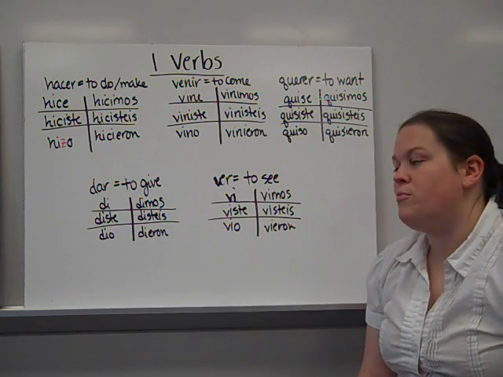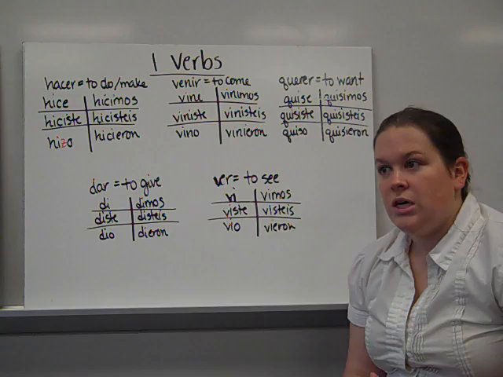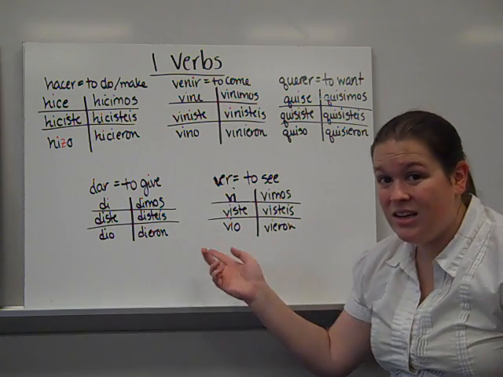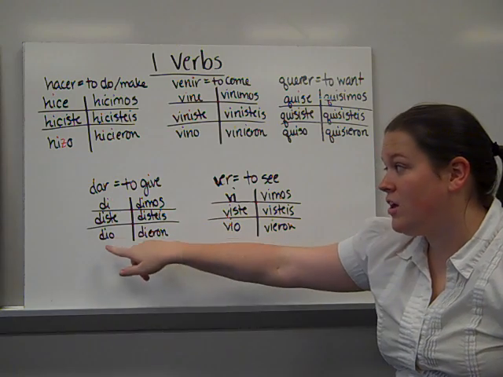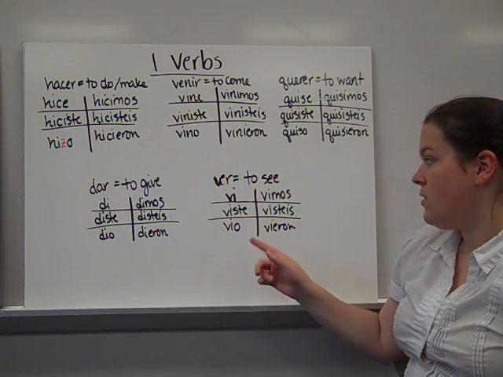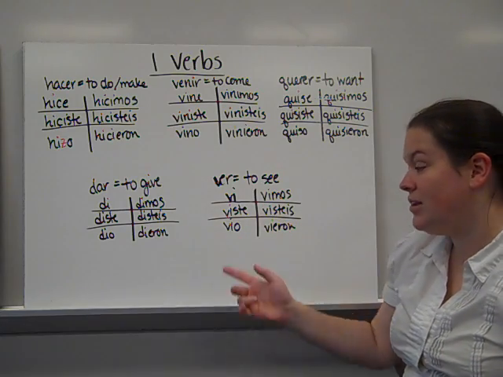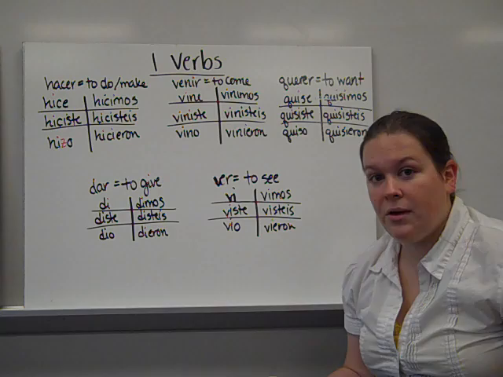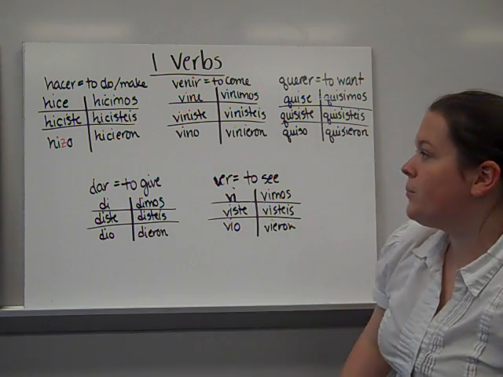Now, dar and ver I've put in this category simply because they have I's in the endings. Dar, you would not conjugate it as an AR. In this case, you conjugate it as an ER, IR verb. Ver, this is normal, except it doesn't have accents. So really, these don't need to be in this category, but it's good to know what they are.